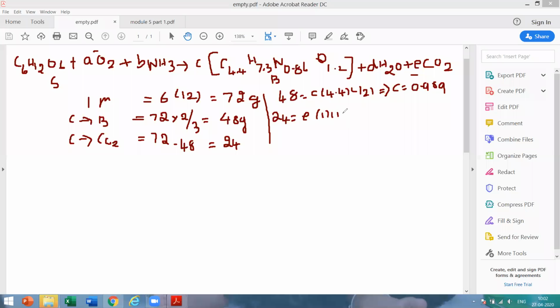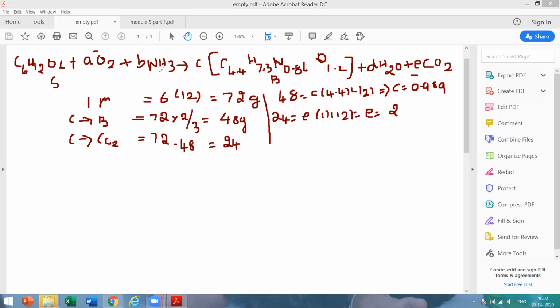When you solve, you will get E equal to 2. Now as usual, since carbon has already been done, we will go with the nitrogen balance.